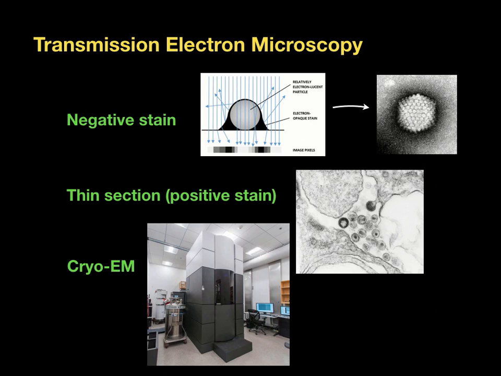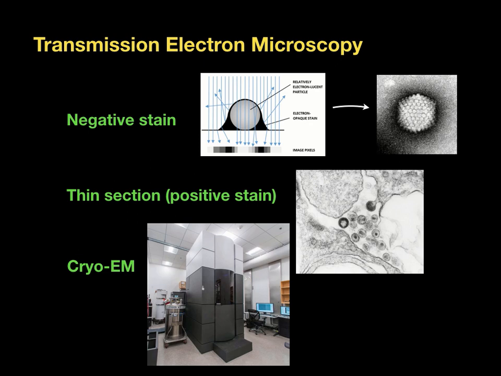So we use a solution that is electron dense, like uranyl acetate, for example, and that's going to accumulate in the little holes in the structure, and also between the surface of the grid and the particle, and that's how we get these images. We have the electrons here; they are not going to pass through these electron dense parts, and then we get that image.